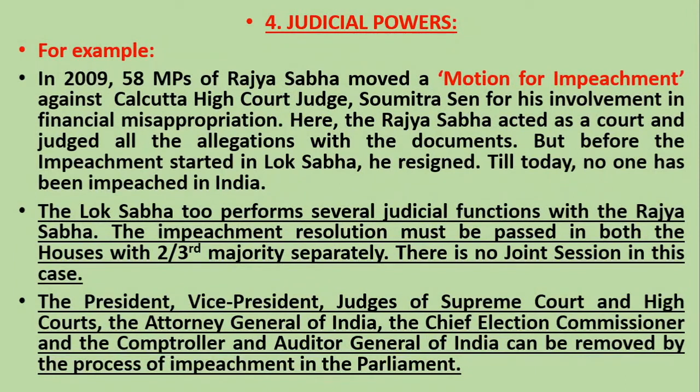The example is of a Calcutta High Court judge, but it was passed only in the Rajya Sabha, and before it started in Lok Sabha, you know what happened? He resigned. So obviously, when a person is no more on the seat, why would there be impeachment? Impeachment is to remove the person from the seat. But now he was no more on the seat. He himself resigned. It means he accepted his fault.